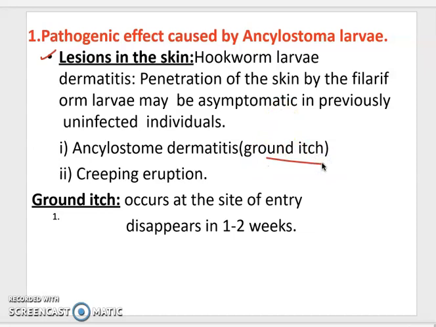Ancylostoma dermatitis is also called ground itch. And there will be a creeping eruption. If a heavy load of this larvae enters the body of a host, it can cause a creeping eruption, a creeping feeling below the skin. The ground itch occurs at the site of entry, and it usually disappears after 1 or 2 weeks.